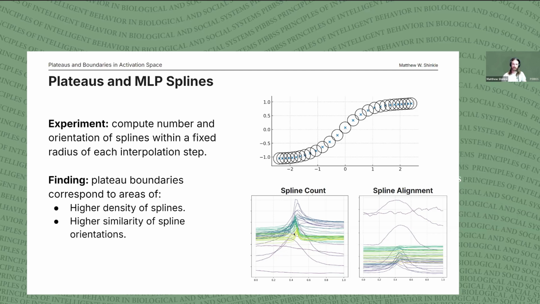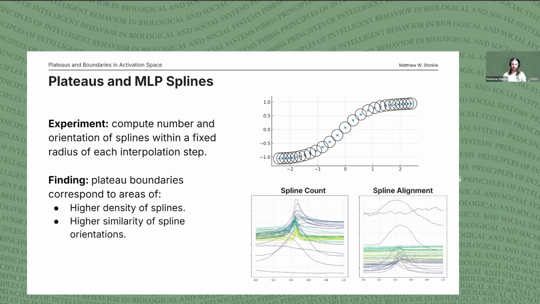In addition, if we look at the orientations of the splines within this radius, we see a substantial increase in the relative alignment of these splines, both with each other and pointing orthogonally to the step direction. So this is basically like a wall of these hyperplanes that you're passing through as you're hitting the plateau boundaries.